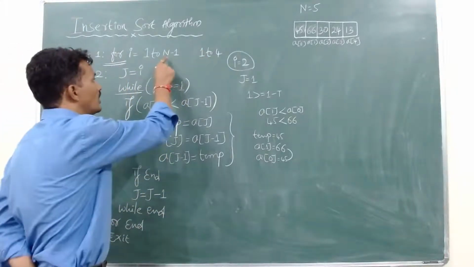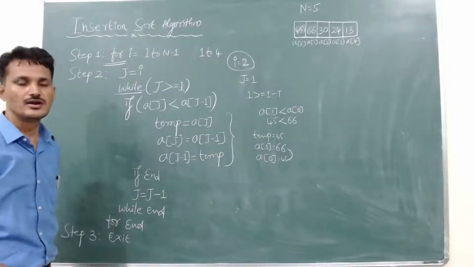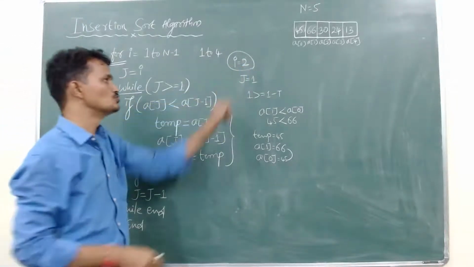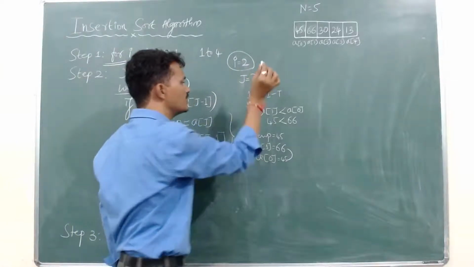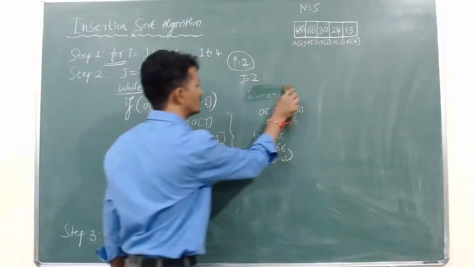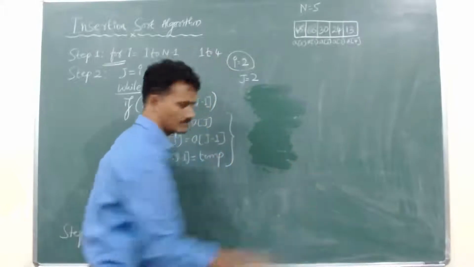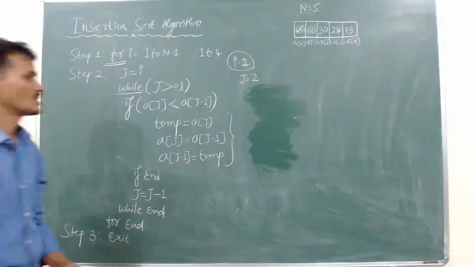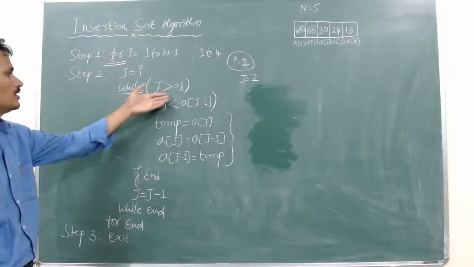Next, step 2, j is equal to i. What is the value of i? 2. The same value will be assigned to which variable? j variable. So now j is equal to 2.